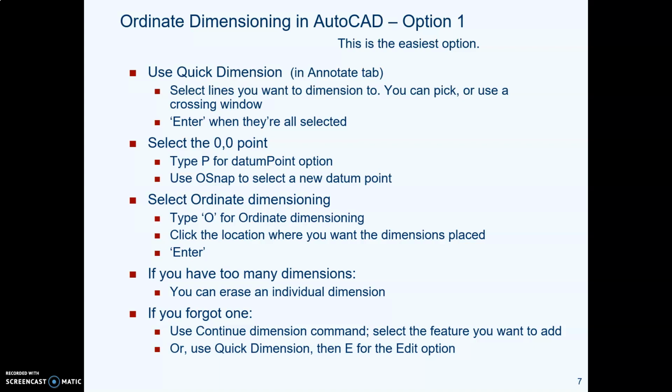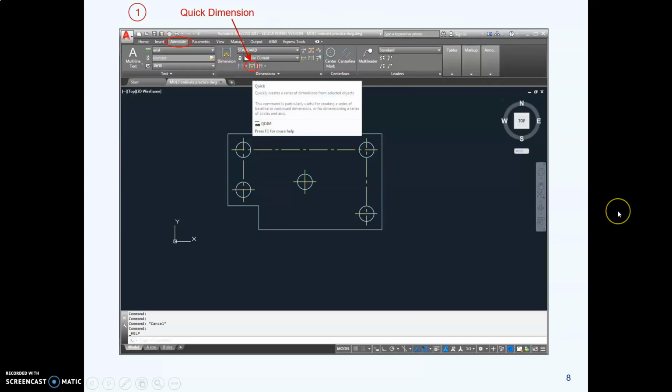In the slides here, I just want to give you a list of steps, so if you don't want to go back and look at a video every time, you can just open the slides and read through the steps. It gives you an option. So here they are in words. Here they are in pictures.